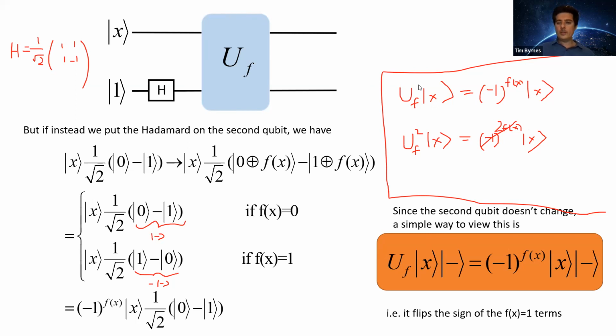So if we input minus to the second input here, the oracle has this action, and then we can just forget about this second qubit, which is a minus, and focus on the first qubit, because that's the only one that really is important.